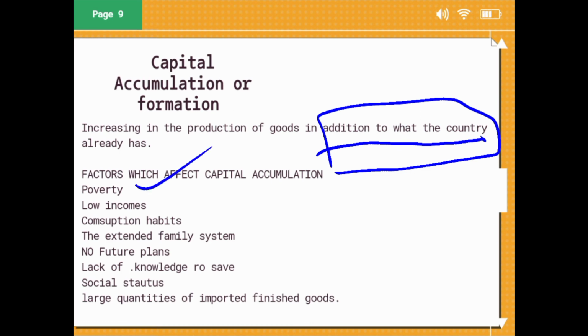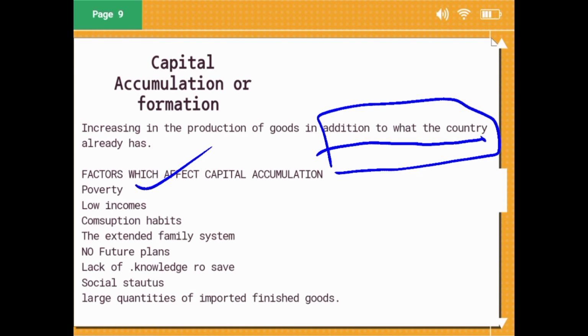The first one is poverty. This is where people have nothing at all. You are lacking basic needs. How will you contribute to capital accumulation? You don't have food, you don't have shelter. Whenever you have some money, you buy food. That's how it is.